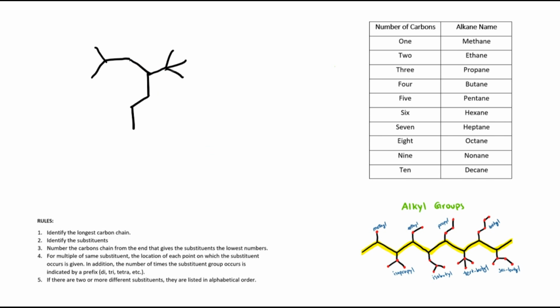This is the last example for this video, and it's a bit tricky one. This is our longest continuous carbon chain, and it has 1, 2, 3, 4, 5, 6, 7 carbons, which is heptane. It also has a tert-butyl and a methyl attached to it.